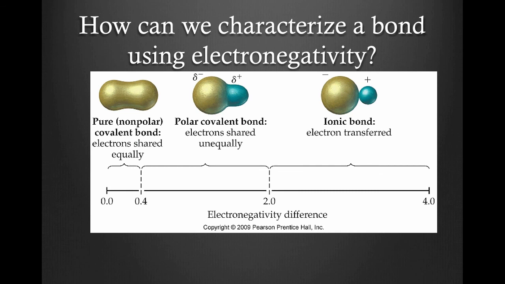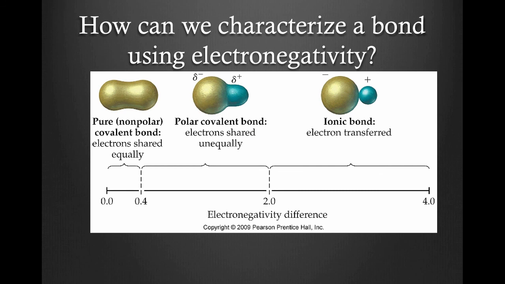This diagram shows the 2.0 as being the limit, but your textbook talks about it as 1.8. So between 0.4 and 1.8, that's going to be a polar covalent bond. Greater than 1.8 means that the electrons are going to be transferred.